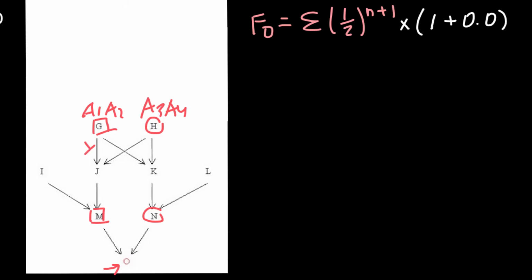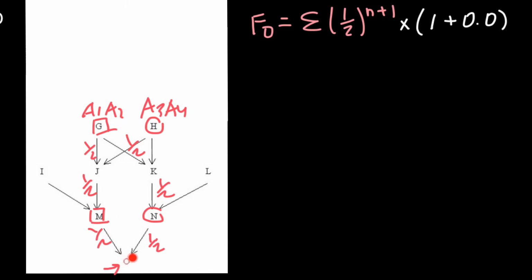We put 1/2 for each pass, so 1/2 to the power of 6. Then we add another probability that individual O would inherit the A2 allele.